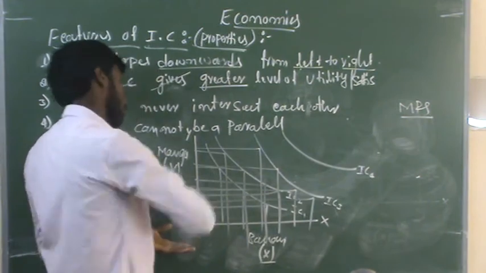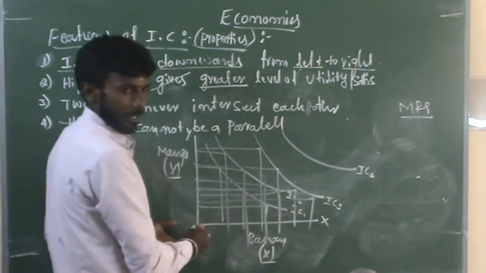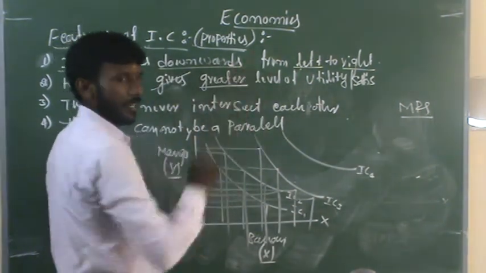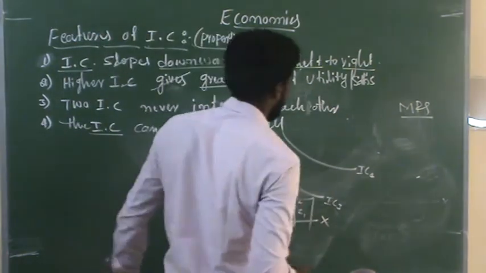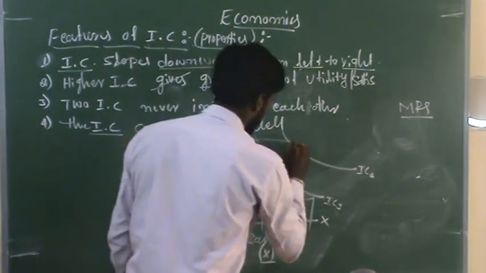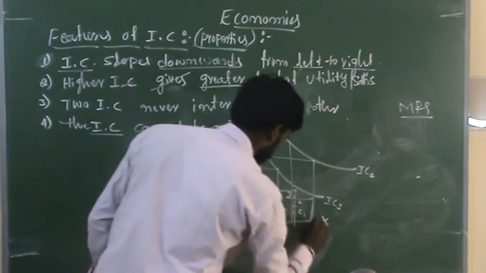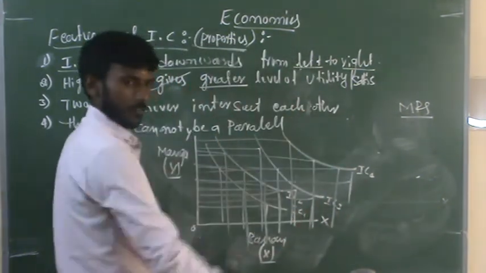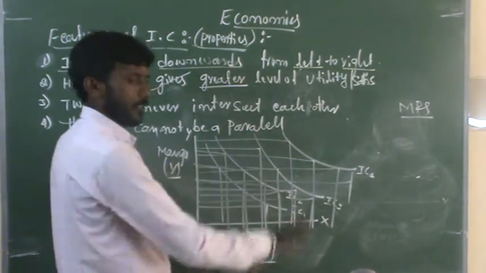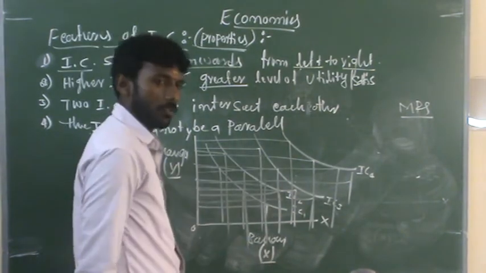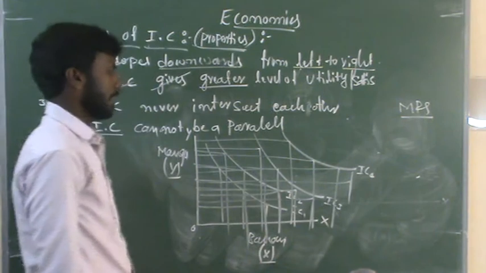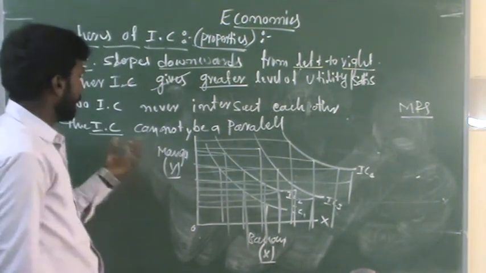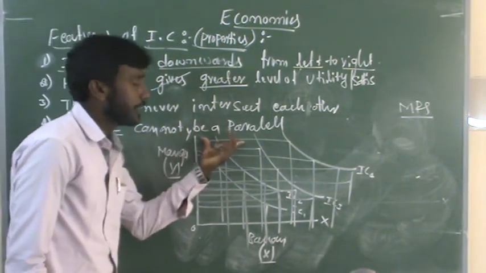Consumer getting more mangoes has to sacrifice bananas. So it is equal to the MRS. See, suppose IC4. Now let us consider. Whatever, IC4 also gives the same meaning. So due to that reason, here the indifference curve cannot be parallel.